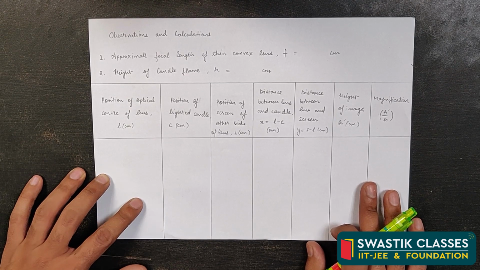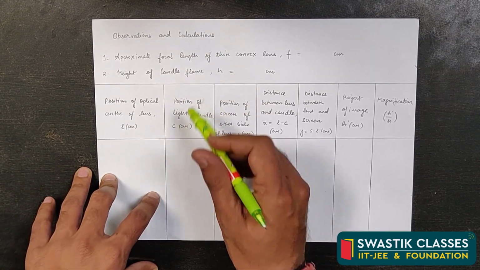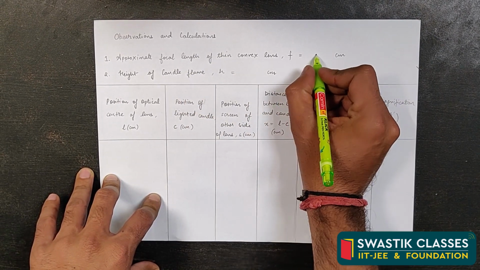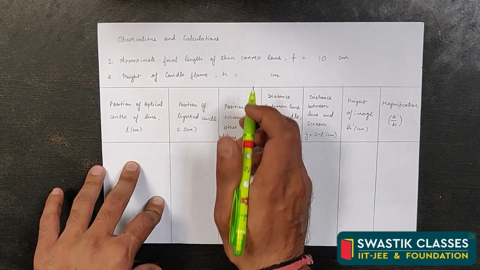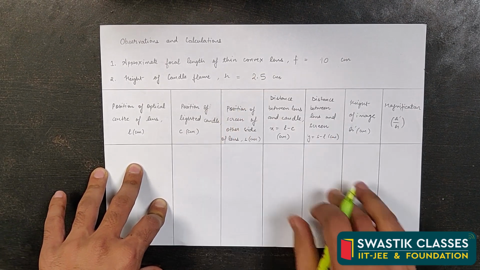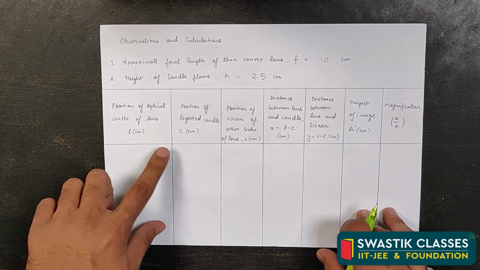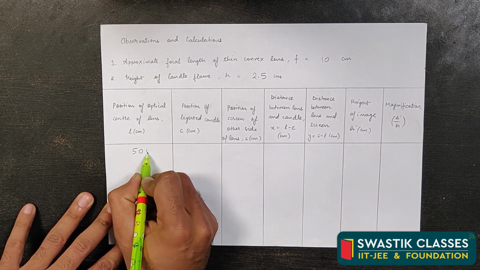So the observations and calculations for this experiment are: the focal length of the thin convex lens we have used is 10 centimeter. The height of the candle flame was 2.5 centimeter. The position of the optical center of the lens was 50 centimeter from the origin.